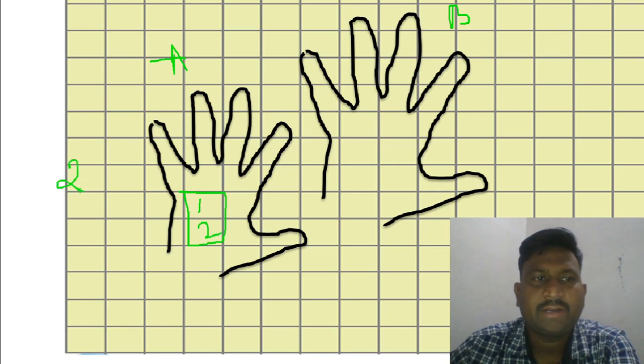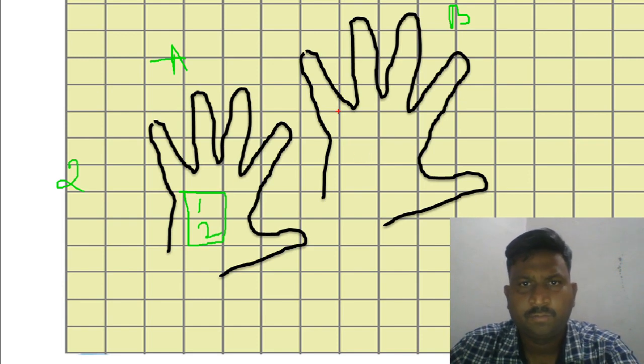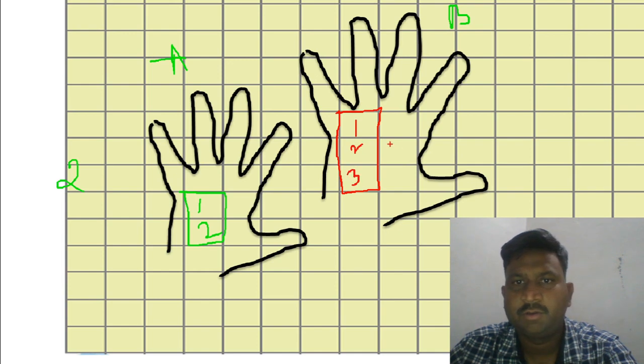Now see this. 1, 2, 3. This is also complete. 4. This is also complete. 5. So hand B has 5 complete squares.